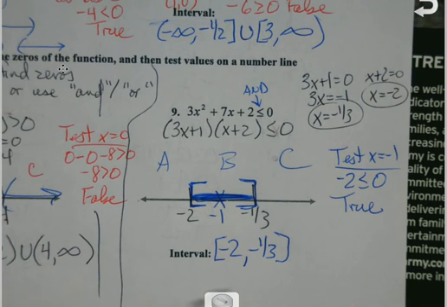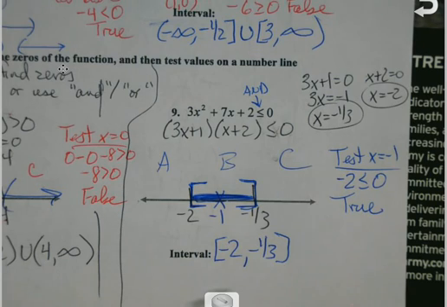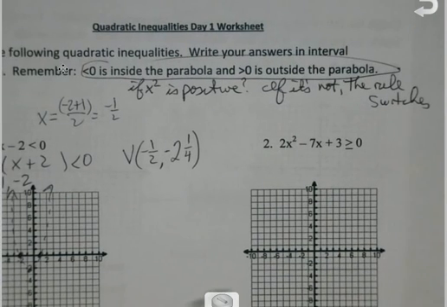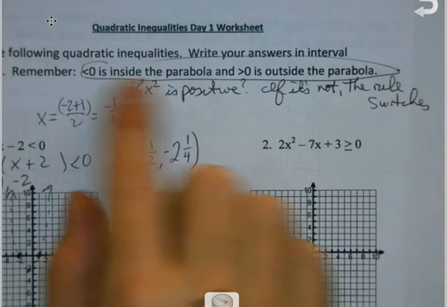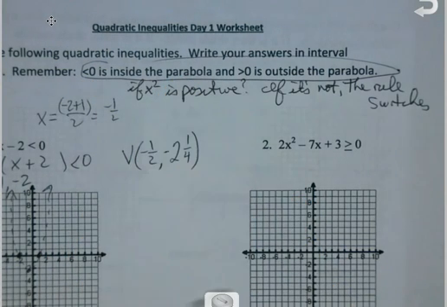There's a worksheet of sheets that go exactly with this. Now, I'm going to make mention of one thing, and then I'll zip my lip here. I put a reminder on here, but there's a caveat to it, so be careful. If it's less than 0, typically you're going to shade inside the parabola. I would still use a test point, okay?